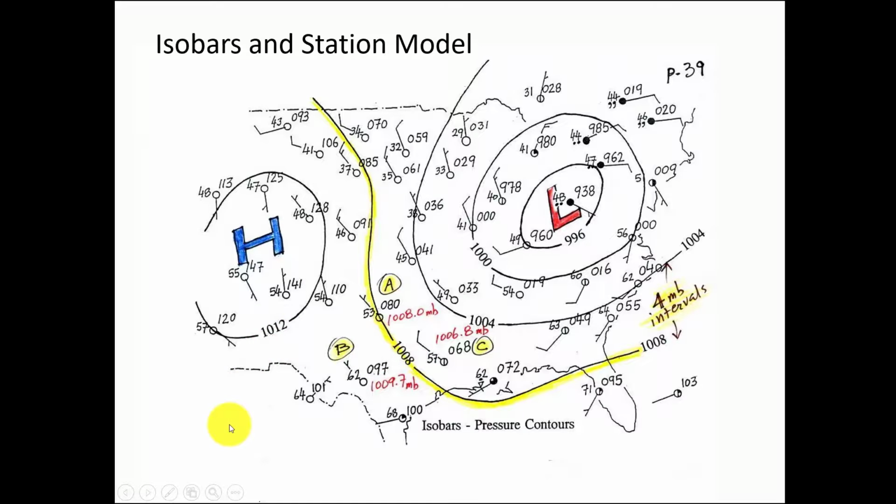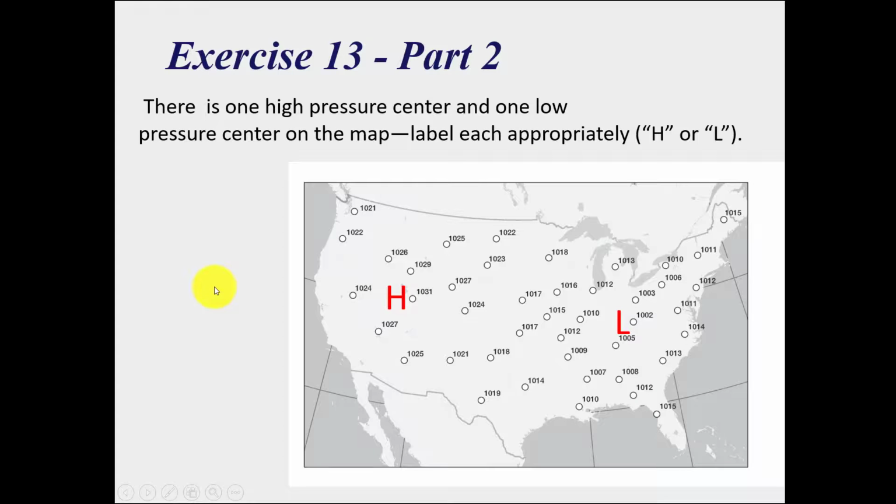Now you can mark up in your lab manual some examples of this. It's going to ask you to draw your own isobars. Give it a good try before you look at the key, and again, don't put too much pressure on yourself. I won't ask you to do this on an exam, but here are my suggested tips for how to get started.